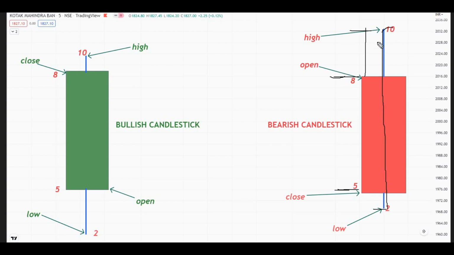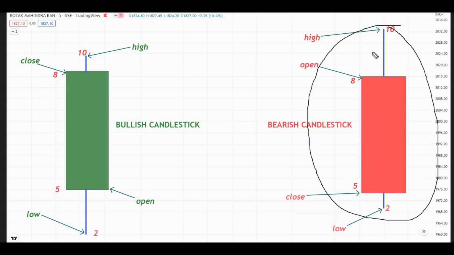The high and the low during the course of the day are represented by two shadows, and this price pattern is known as a bearish candlestick price pattern, because the opening and the closing of the price are 8 rupees and 5 rupees respectively.